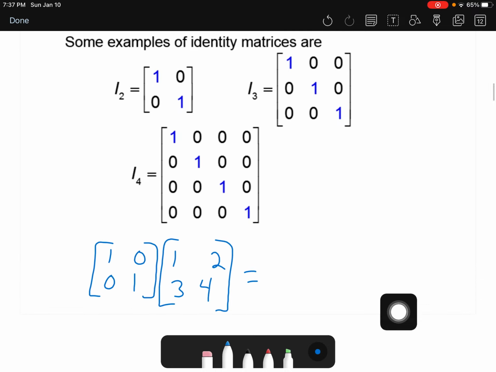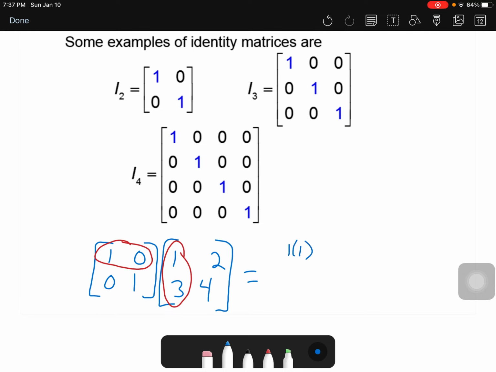So if we were just going to do a simple example of this, I'll take this 2 by 2 identity matrix, 1s in the main diagonal, 0s in the other positions. If I multiply this out just to show it, remember when we multiply, it's row matched up with column. So I'd have 1 times 1 plus 0 times 3, and that would be my first element.